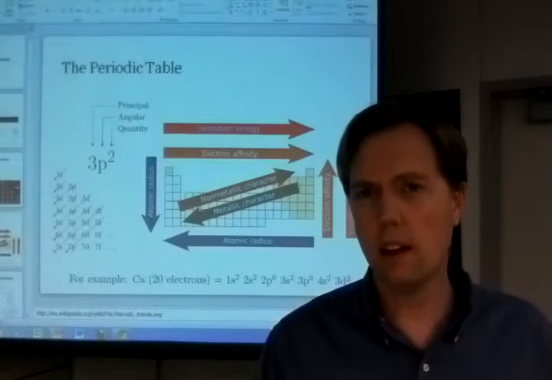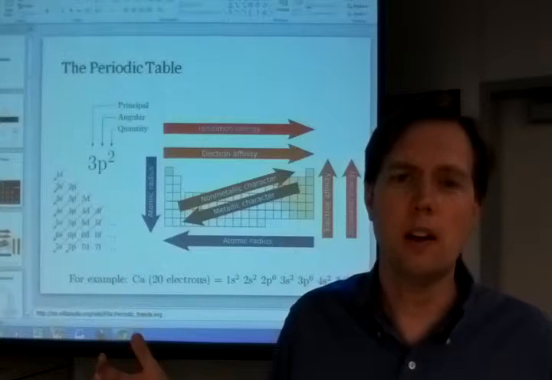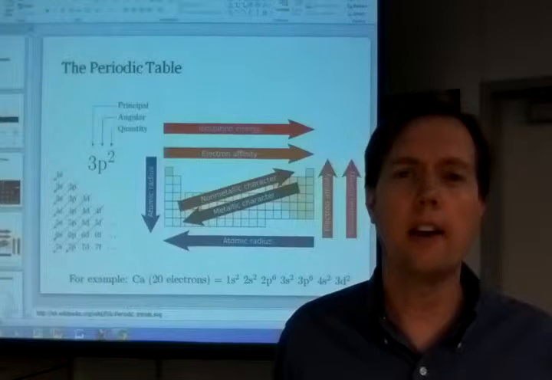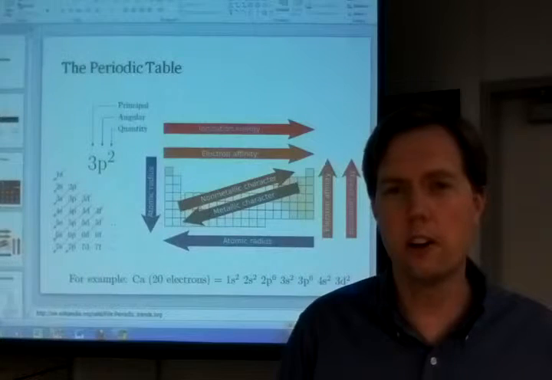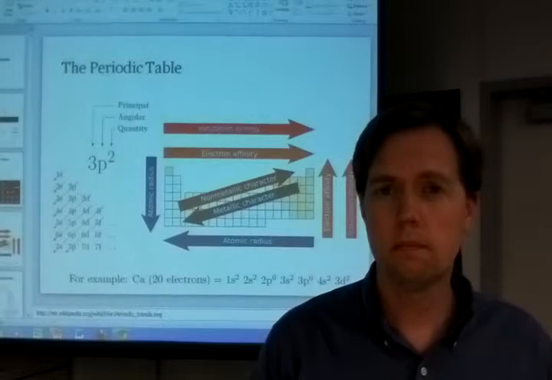So that means that that electron is pretty easy to strip away. It's much easier than it would be from helium, for example. That's what we call the ionization energy. So the ionization energy of lithium is much smaller than helium.